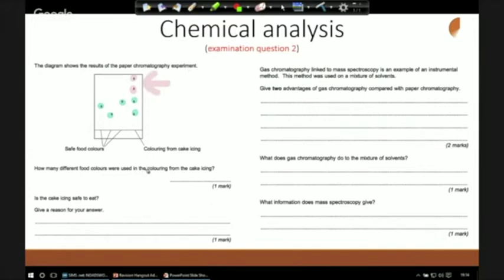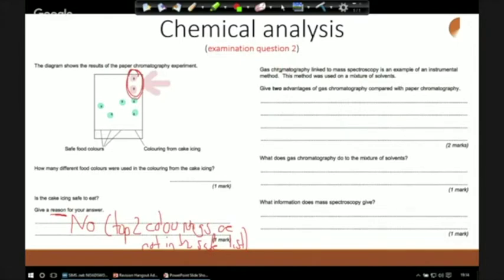And so to answer this particular question, we would have to say no. But we're only going to get the mark if we give a reason. So we would say the top 2 colourings are not in the safe list. They're not there.